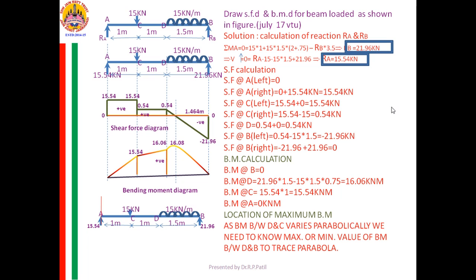Like that, here F is equal to dM by dx. For M to be maximum, dM by dx must be equal to 0. But what is the value of dM by dx? It is equal to F. Therefore, M will be maximum where F is becoming 0. M will become the maximum where the F is 0.